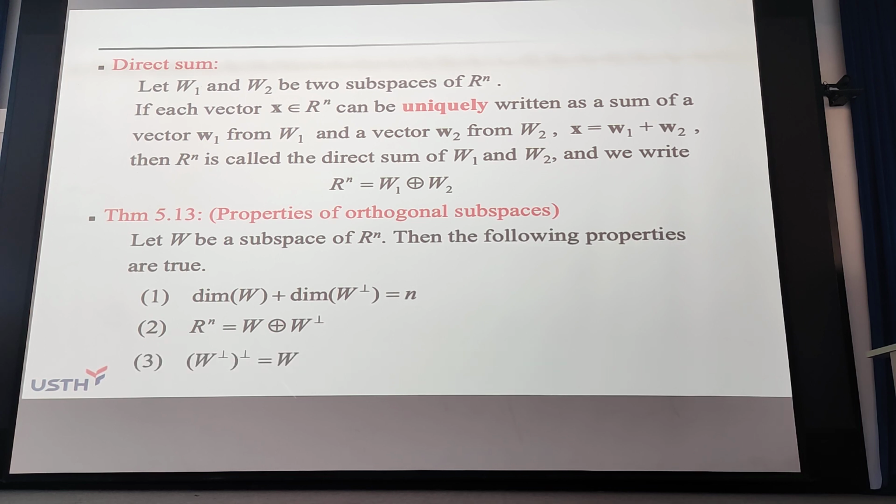And the last one, I put it here, but we said about it already in the previous slide. So we have these properties for orthogonal subspaces. You need to remember number 1 and number 2.